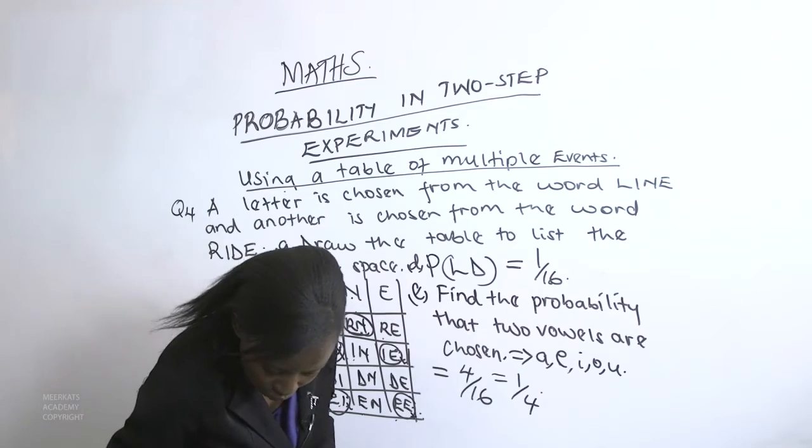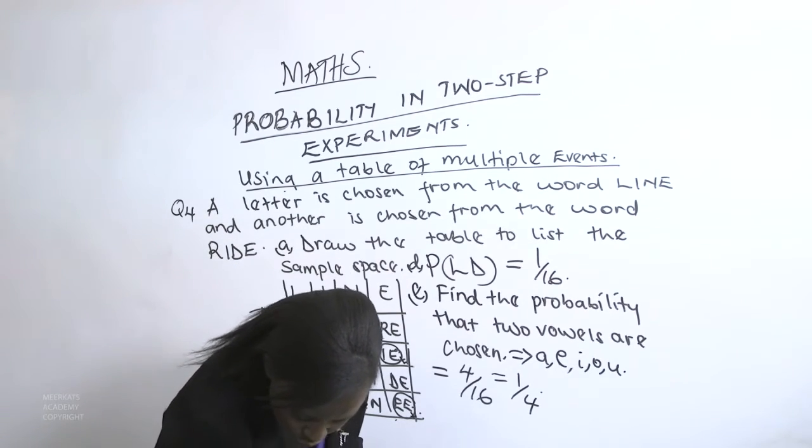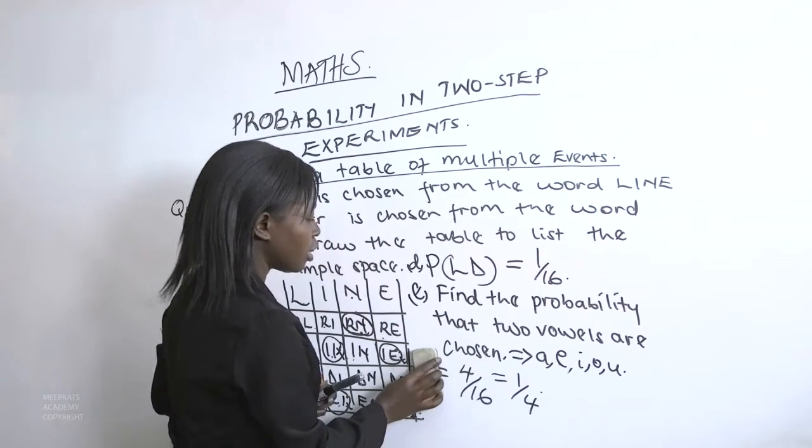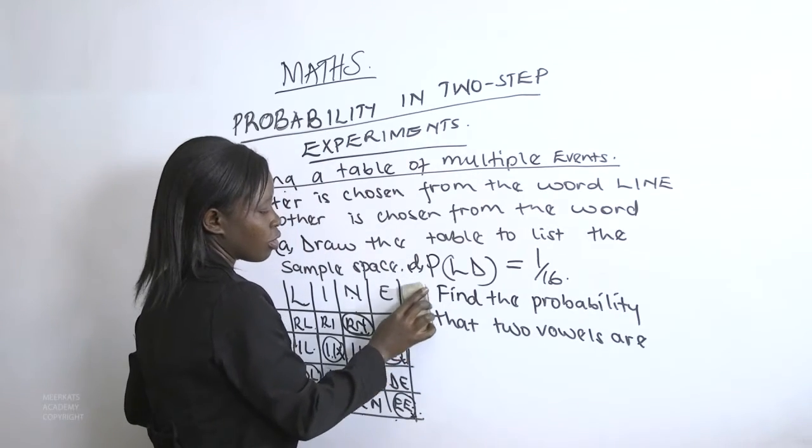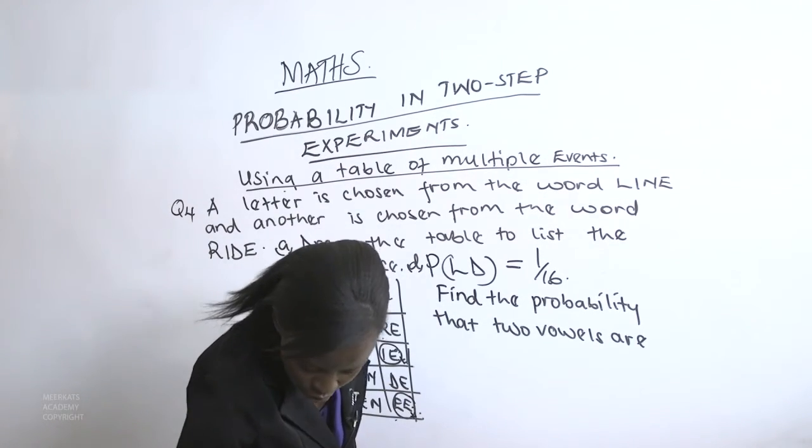Part F of our question is that we find the probability that the 2 letters chosen will be consonants.